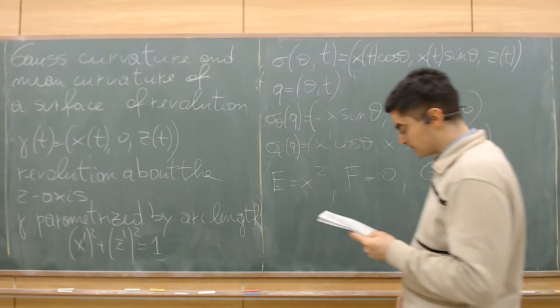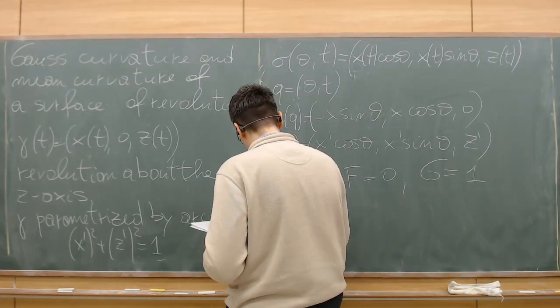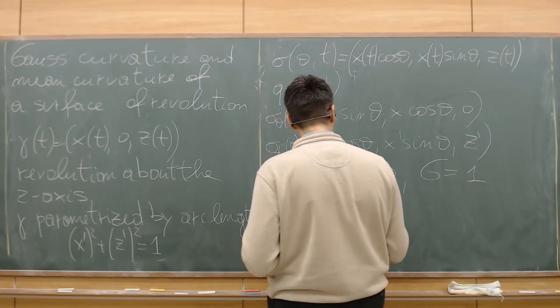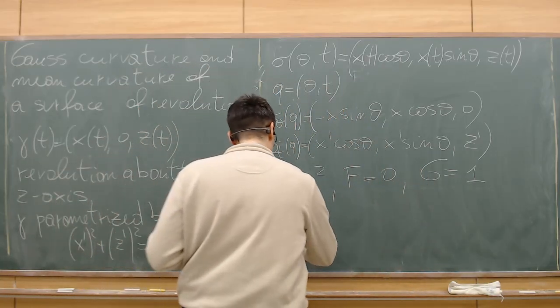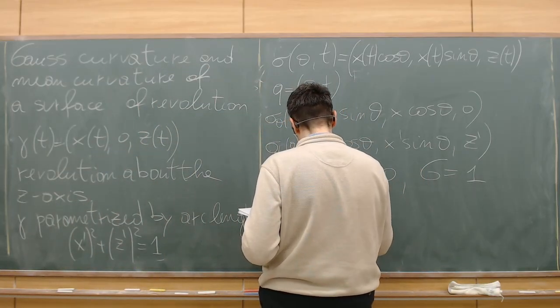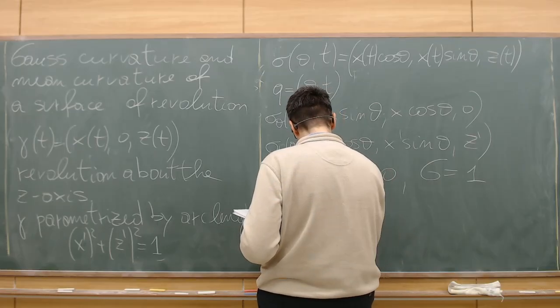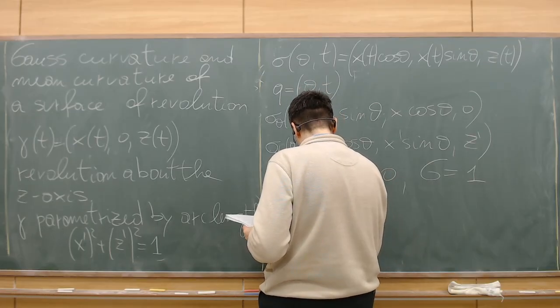And the normal vector n induced by the surface patch sigma is given by sigma theta cross sigma t divided by the length.